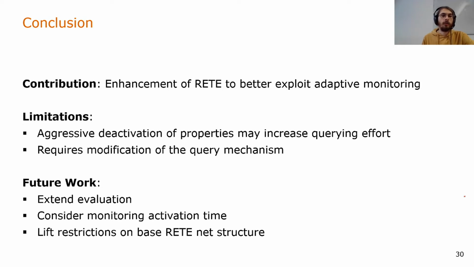In fact, the aggressive deactivation of properties and connected potentially expensive deletions from the enhanced net's indexes may even increase the querying effort of the enhanced Rete net. Furthermore, we can't, as in previous work, treat the querying mechanism as a black box anymore, because in order to employ the enhanced Rete nets, we have to modify a Rete-based query mechanism.